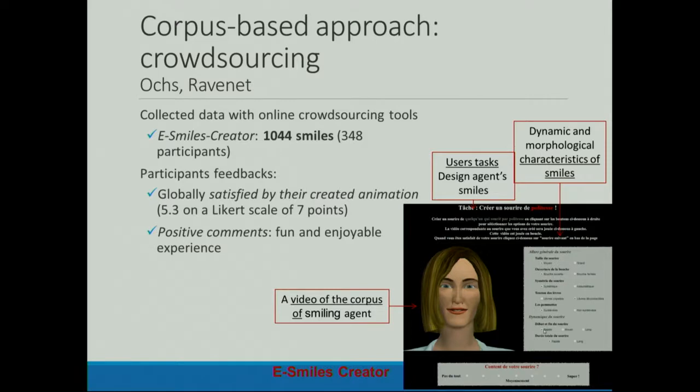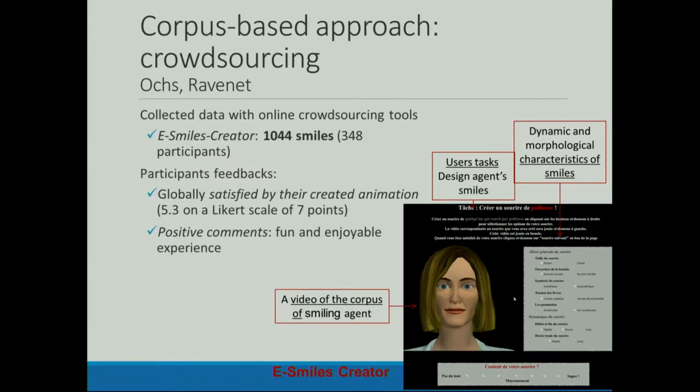We also had dynamic features: onset and offset for the movements, and duration of the smiles. Whenever you selected the parameters, we had videos of the virtual agent that showed the values, the animations. And the task of the users was very simple: do a polite smile, an amused smile, and an embarrassed smile.